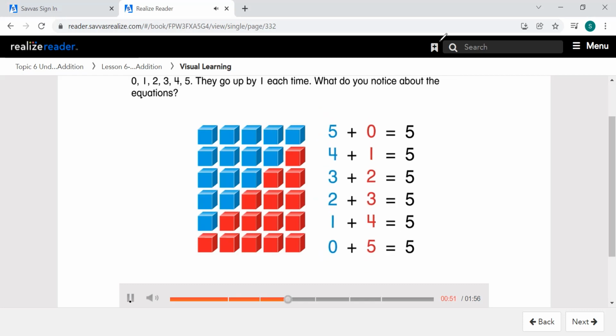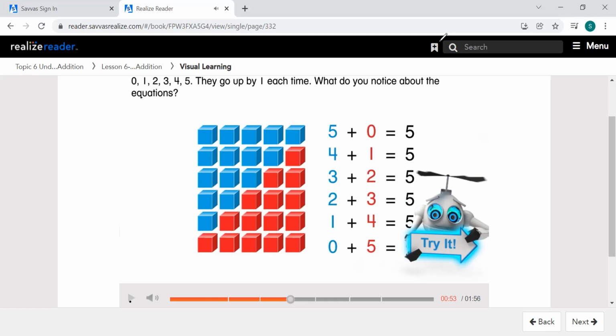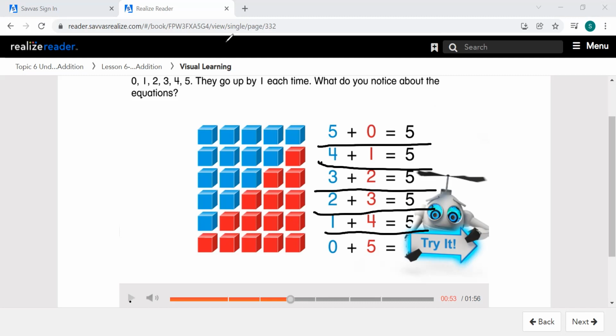What do you notice about the equations? Okay, so look at each of these equations. We have 5 plus 0 equals 5. 4 plus 1 equals 5. 3 plus 2 equals 5. 2 plus 3 equals 5. 1 plus 4 equals 5.